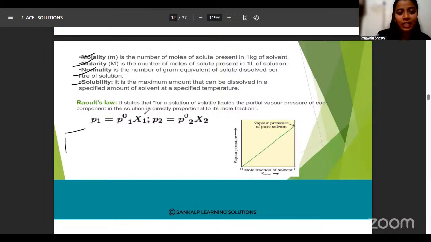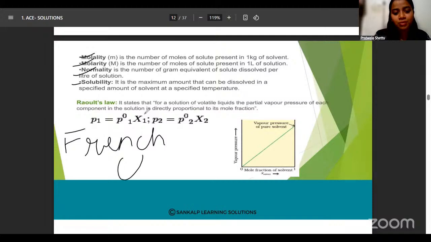Remember, he is a French chemist. His full name is Francois Martel Raoult. And he gave the quantitative relationship between the binary solutions. I'll let you know what are these P1 and X1.